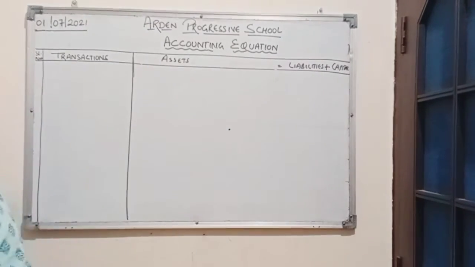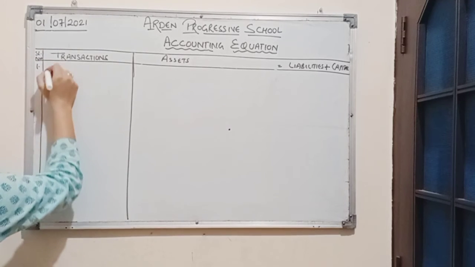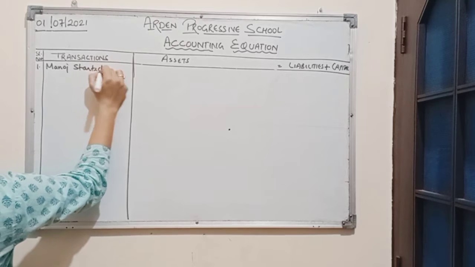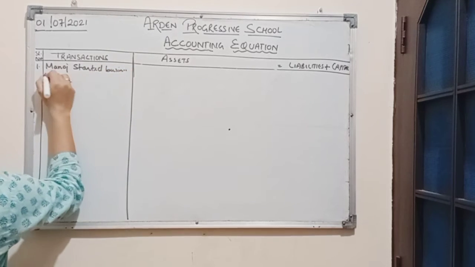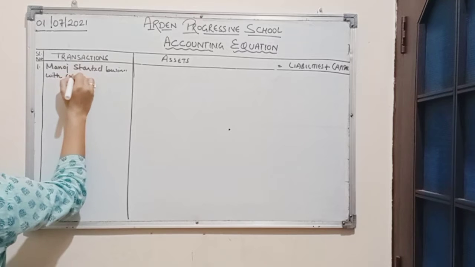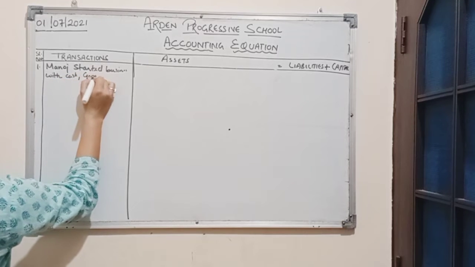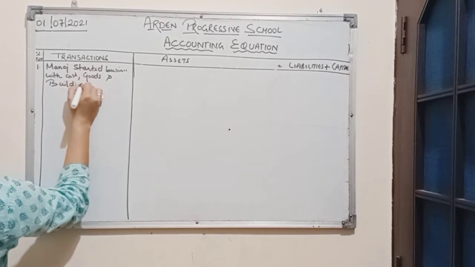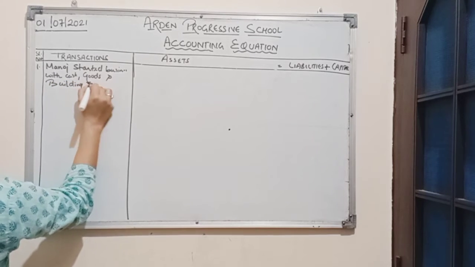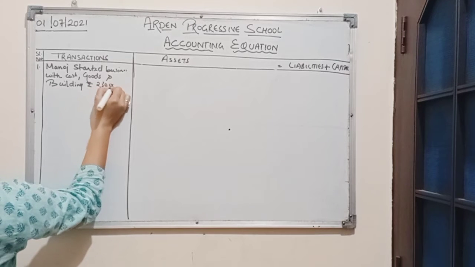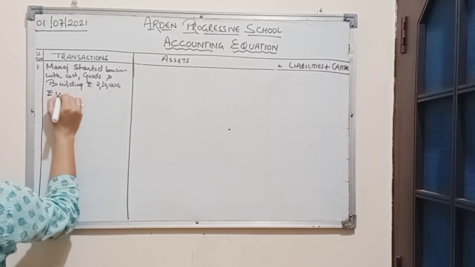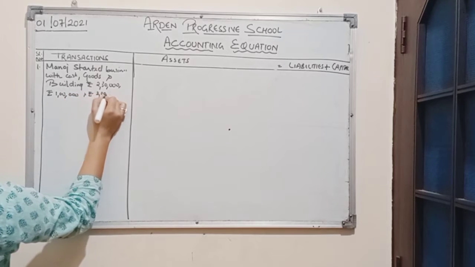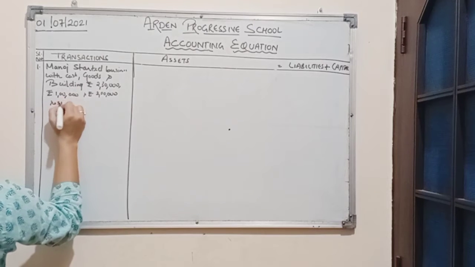Now the first transaction is Manoj started business with cash, goods and building amounting to rupees 2,30,000, rupees 1 lakh and rupees 2 lakh respectively.